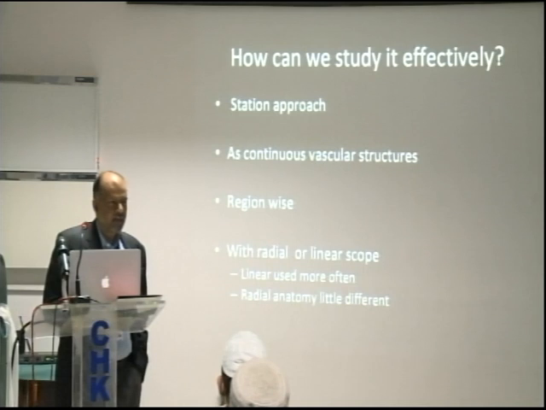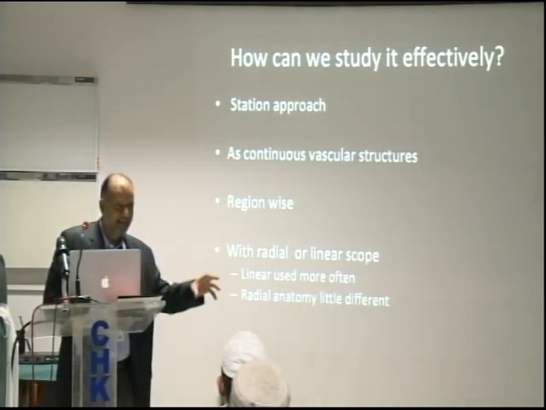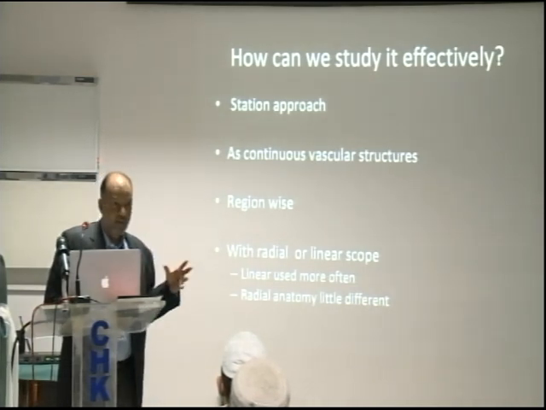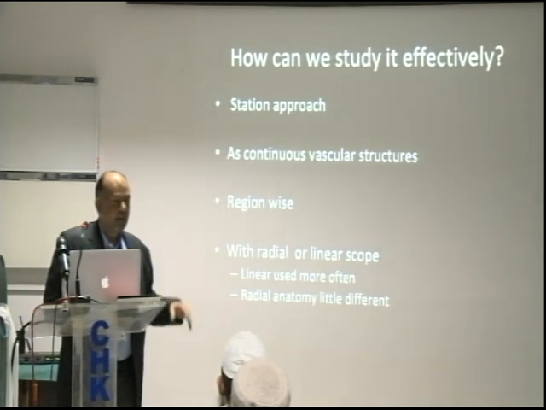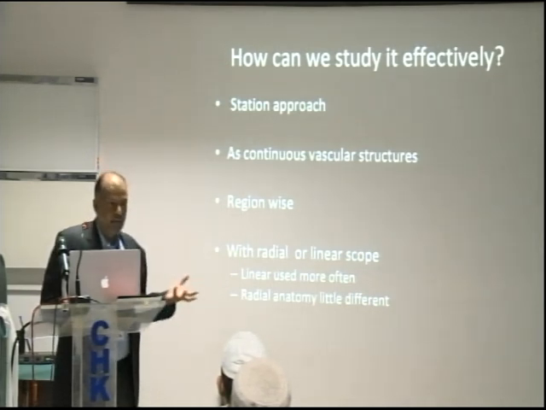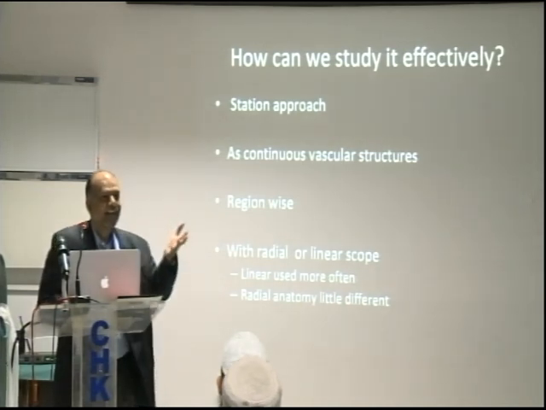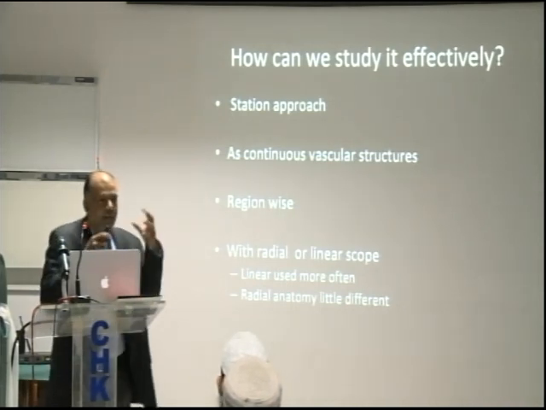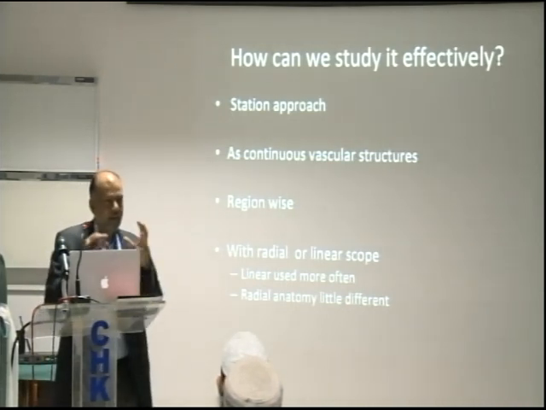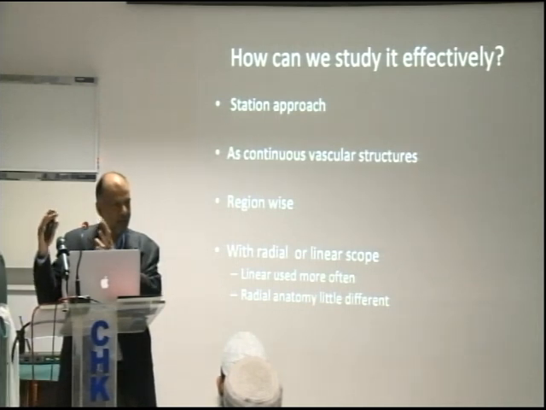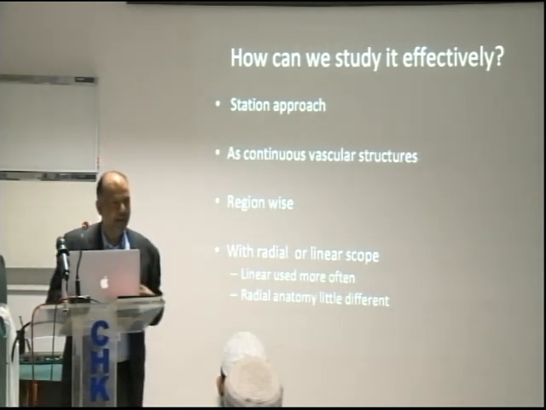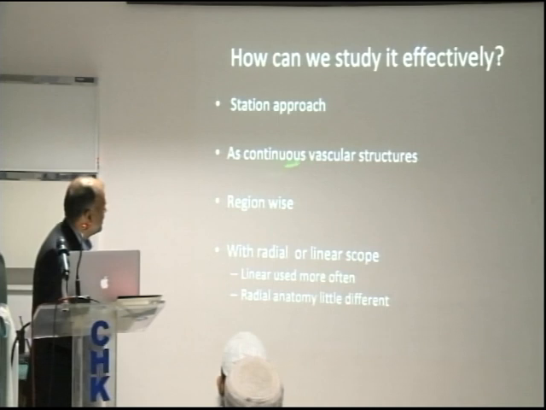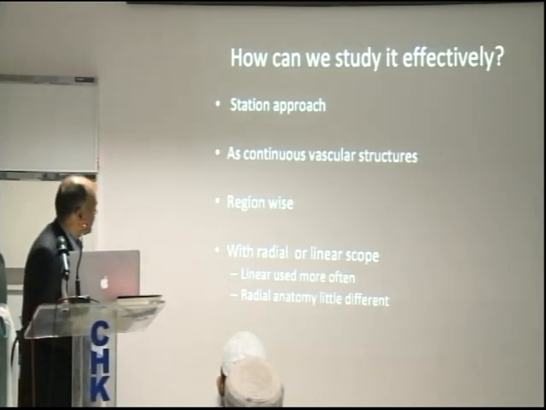For example, Gray's anatomy was systemic. It was difficult initially, but easier once you followed it. Snell's used to be region-wise, and it was very difficult, wasn't it? We had difficulty bringing it together. So it's good to have them as continuous vascular structures.